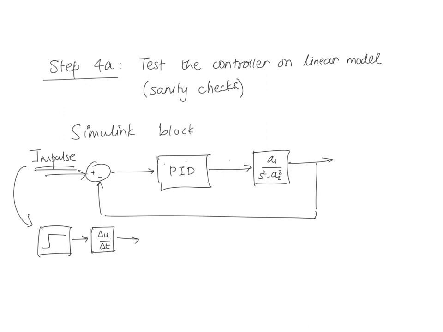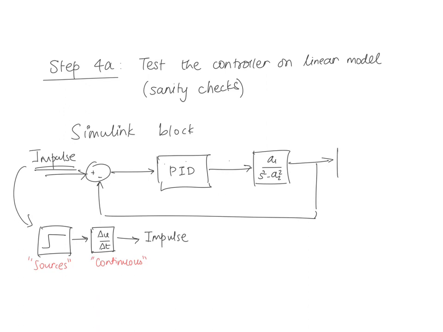Look for sources in Simulink and look for continuous operations in Simulink, and you'll find these two blocks. Put them after one another, and you get the impulse input. So the derivative of the step is an impulse. Put that as a test input to see if your system works.